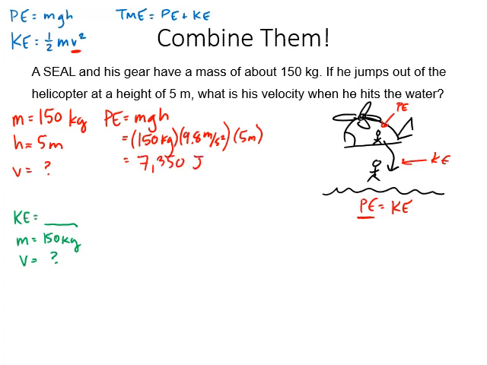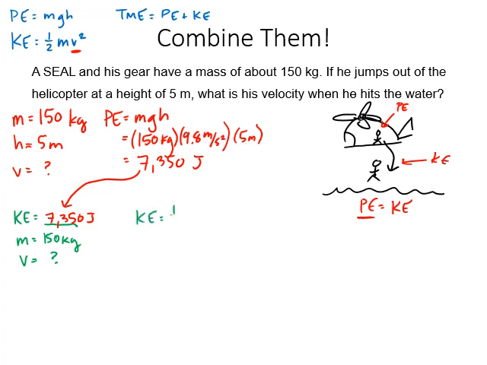And again, this is going to equal our kinetic energy because of the law of conservation of energy. We can plug this value in down here, 7,350 joules. Now we know the two pieces to where we can rearrange the kinetic energy equation and solve for velocity.